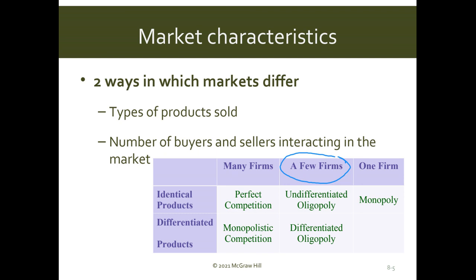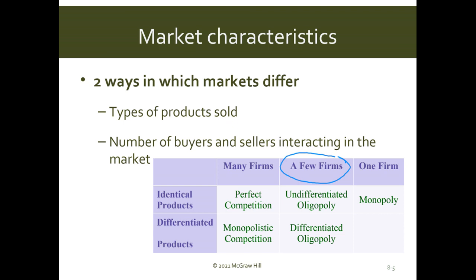For example, let's talk about any product. Let's take product X. And suppose this product X is being produced by 15 firms. And out of these 15 firms, the 4 largest firms, they're not of equal size, have a 40% market share in that market. Then this is what we call a few firms.